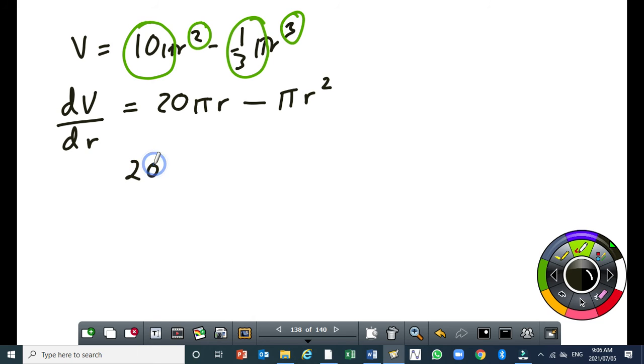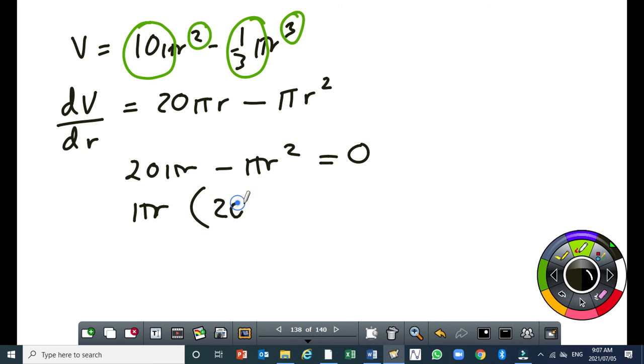Now the next thing is to equate that derivative to 0. So this will be 20 pi r minus pi r squared equal to 0. I want to solve for r, remember, and I want the maximum value of r. Here, you can factorize. Let me take out the common factor, which will be pi r.